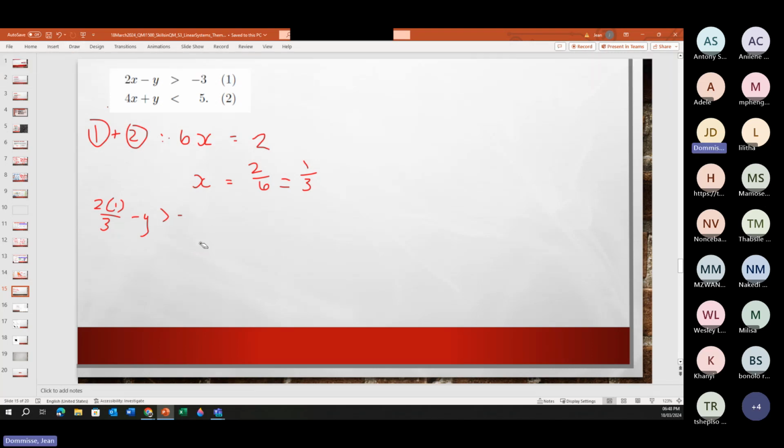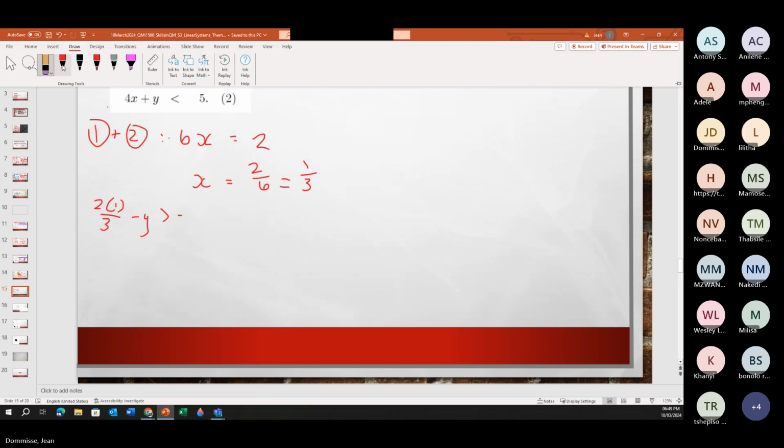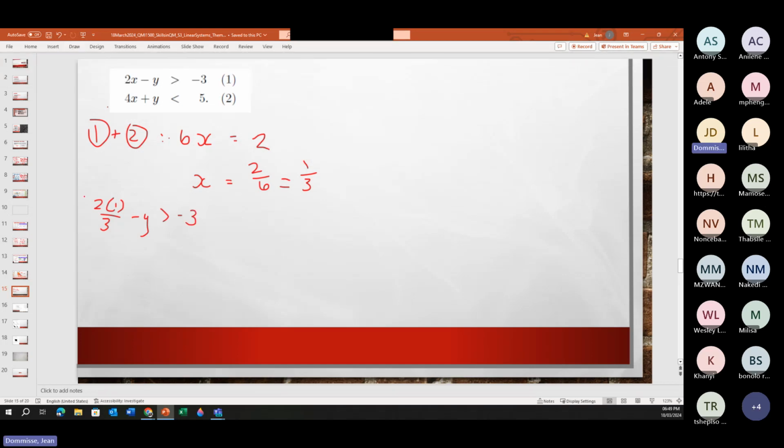That 2 over 3 would have been subtracted on the left hand, so we will subtract on the right hand. So it will become minus 3, 2 over 3. So this is really not a great one to work out your x and y, but that is how it would have been just to work out the x and y.